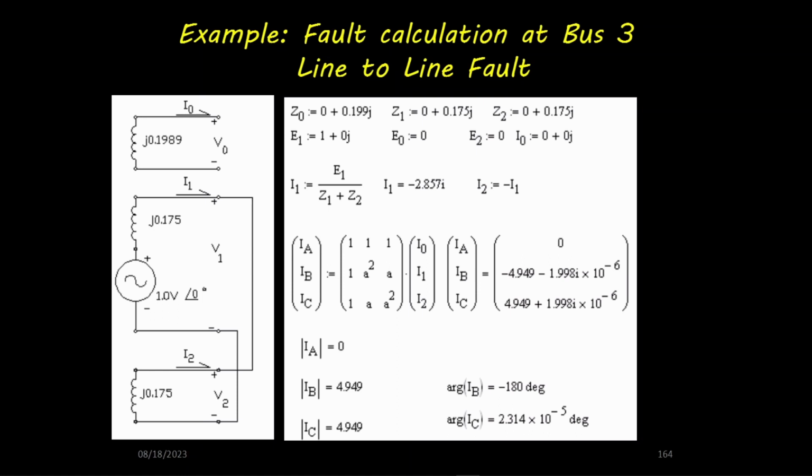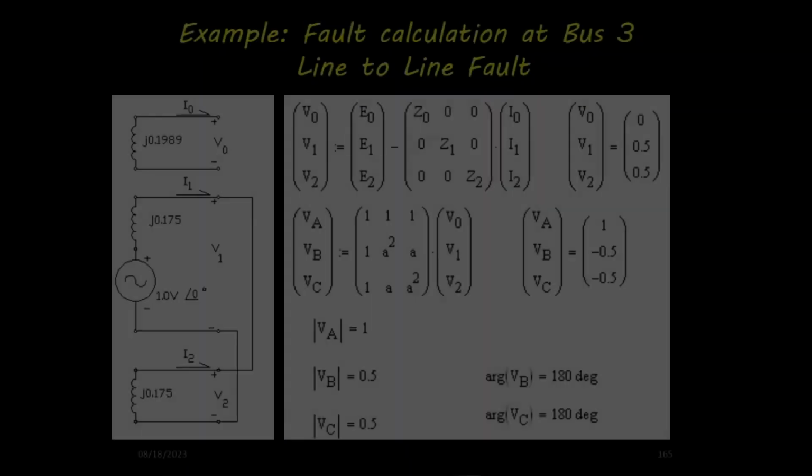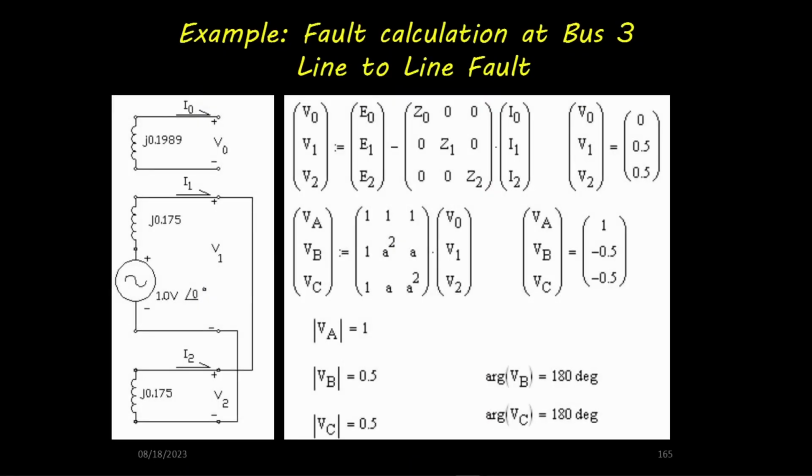Using the same procedure, we substitute the sequence currents into the fundamental equations to get the phase currents. We then enter the sequence currents into the sequence network equations to get the sequence voltages. Substituting the sequence voltages into the fundamental equations, we get the phase voltages.